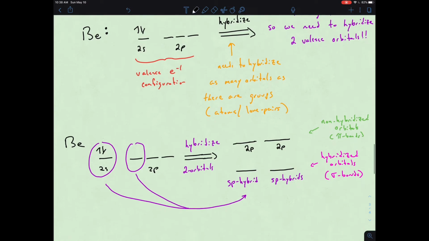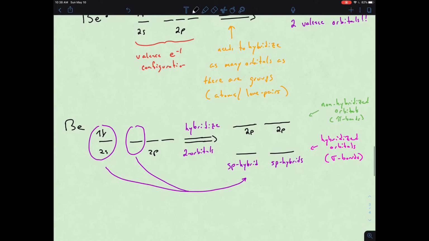And now if I look and put in my electrons according to Hund's rule, right, and the Aufbau principle, I do something like this. And so we find in that hybridization process, now we have 2 new bonding orbitals.